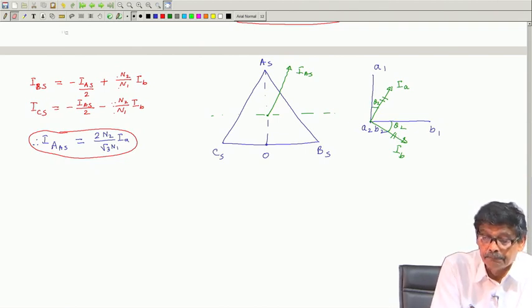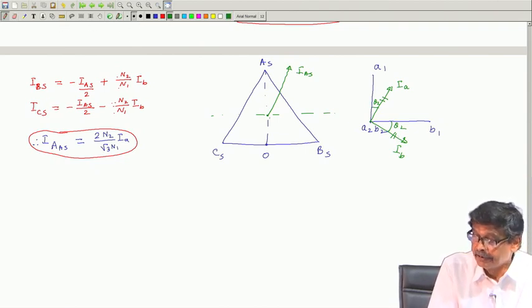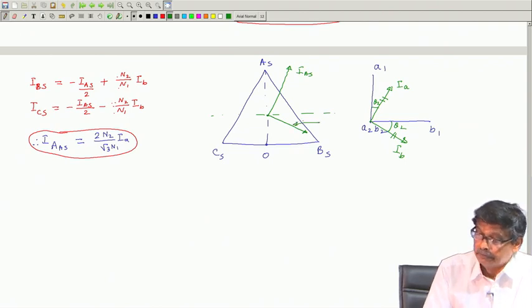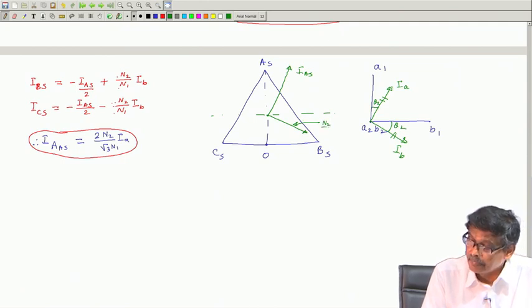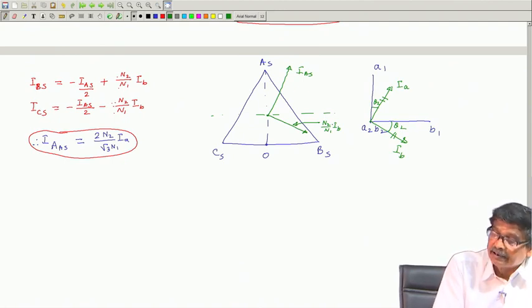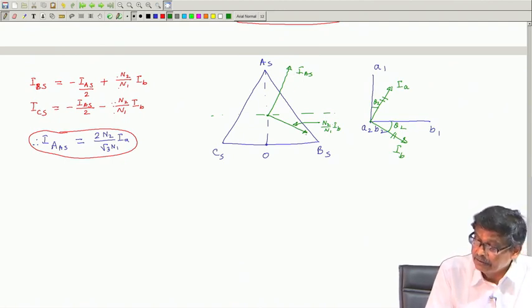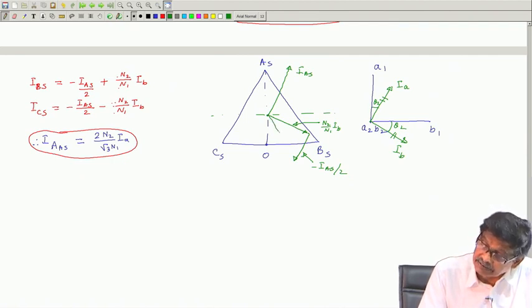So, this is equal to this part N 2 by N 1 into IB. To this I have to add minus IAS by 2, this is IAS. So, to this you add minus IAS by 2, and then you will get IBS.